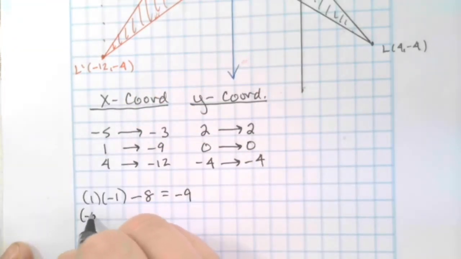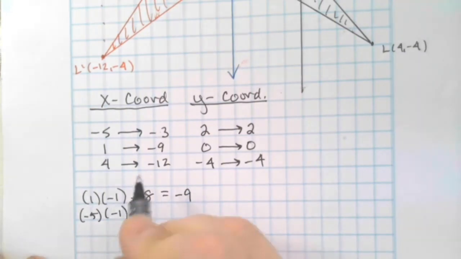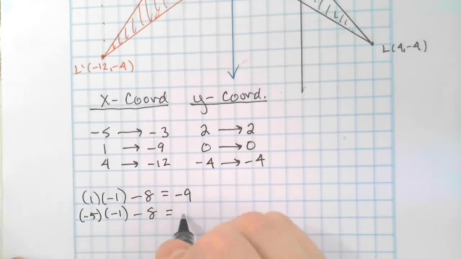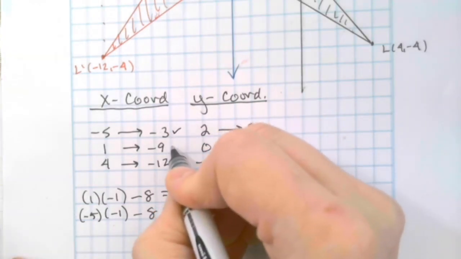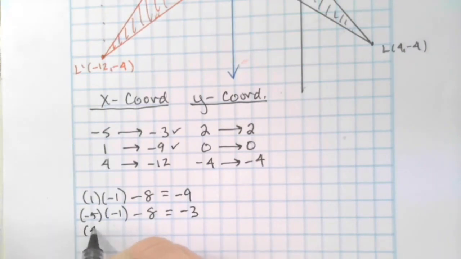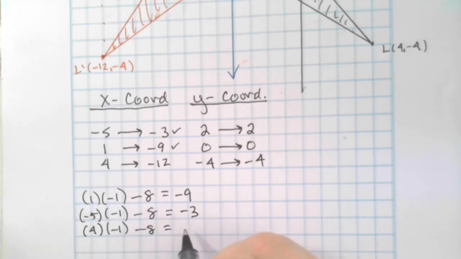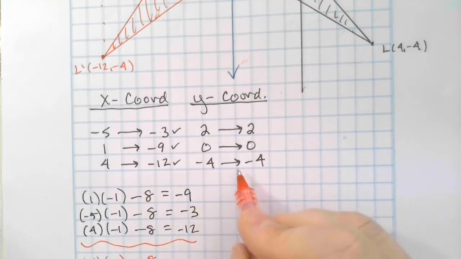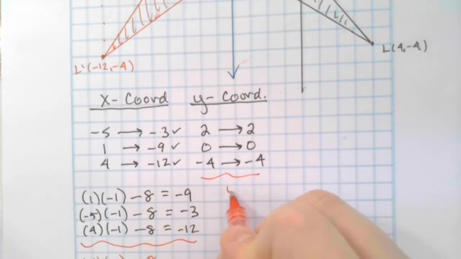I'm going to take the -5 times a -1 and subtract 8. That is 5 minus 8, which is -3. So far we've gotten 2 out of 2. We're going to take the 4 times a -1 minus 8, which is -4 minus 8, or -12. So what we're going to do is take the original x value, multiply it by a -1, and subtract 8, which is -x minus 8. The y value is going to stay the same.